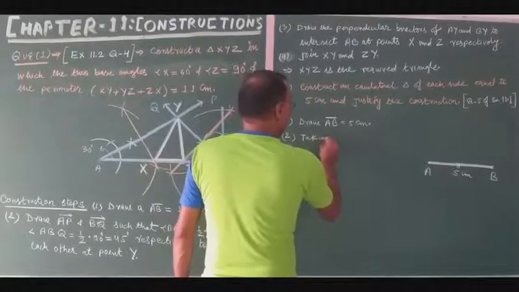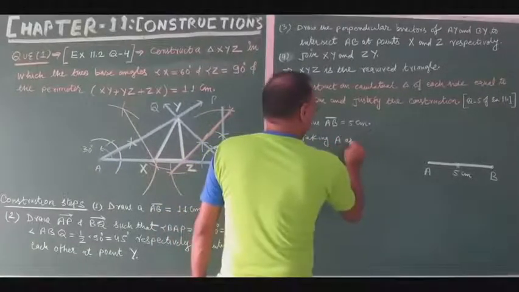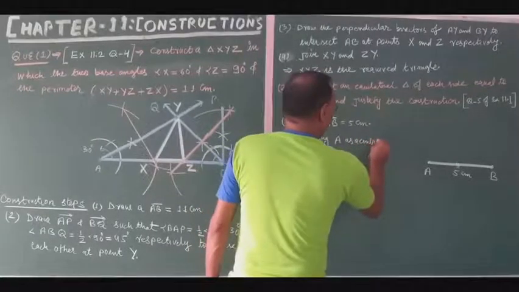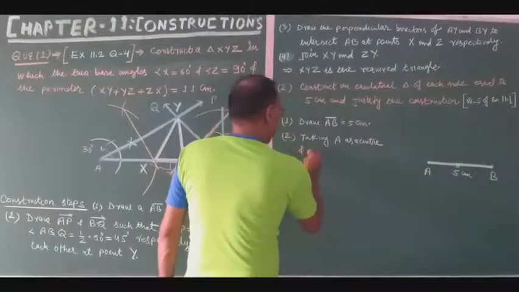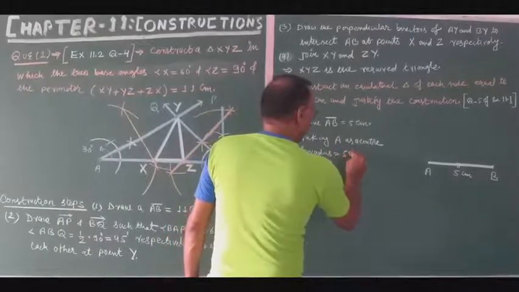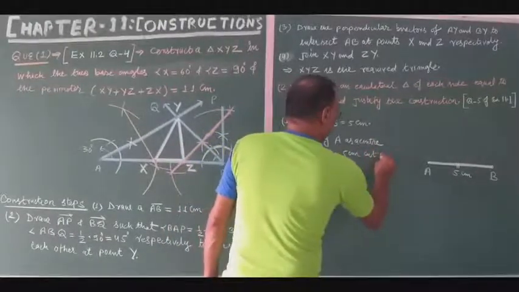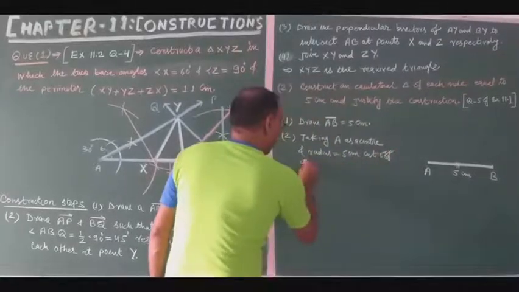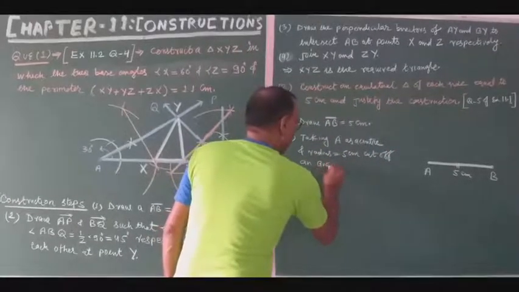In the next step, taking A as a center and radius equal to 5 centimeter, cut off an arc.